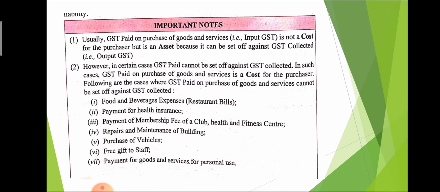Here an important note is given. Usually GST paid on purchase of goods and services is called input GST. It means that at the time of purchase we calculate input GST, at the time of sale we calculate output GST, and input GST is adjusted with output GST.